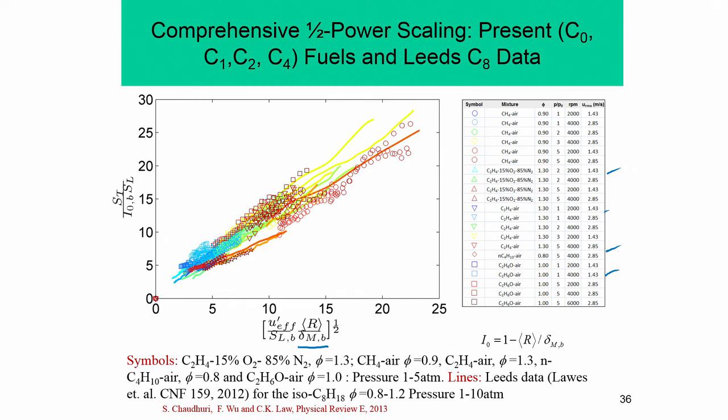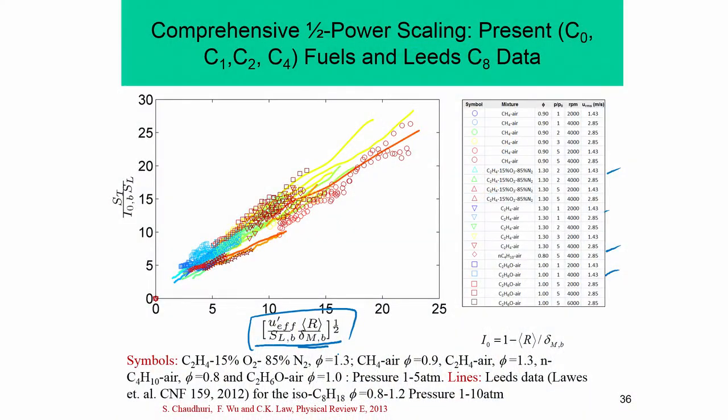Okay, so over this large variation of properties, over this large u_rms as well as different pressures and different fuels, we showed that if you use this kind of scaling law, which also came from this analysis, you can collapse the turbulent flame speed over a narrow band.